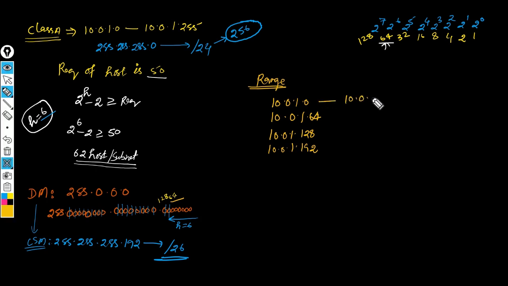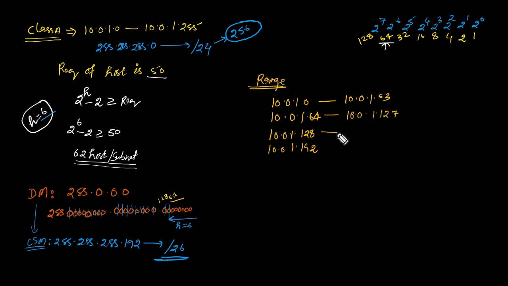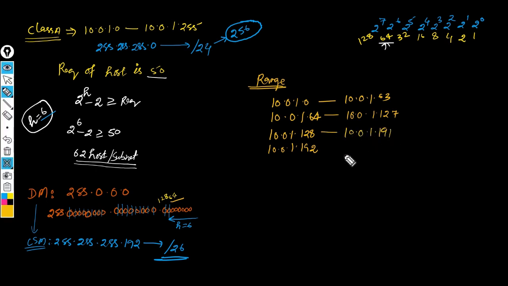Now complete this range. The ends are going to be 10.0.1.63, 10.0.1.127, 10.0.1.191 and 10.0.1.255. We have got 4 different subnetworks in this, correct? Now just take one of them and calculate.